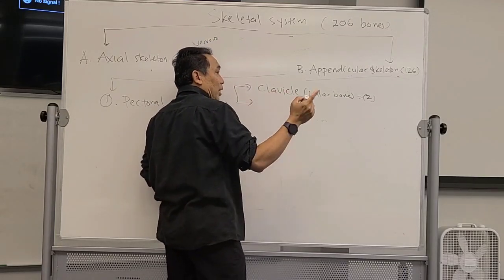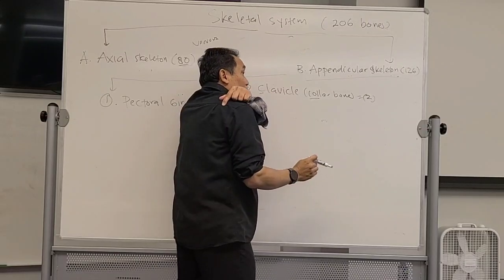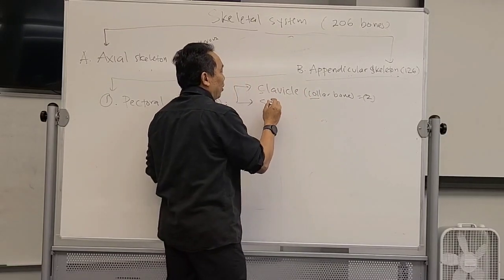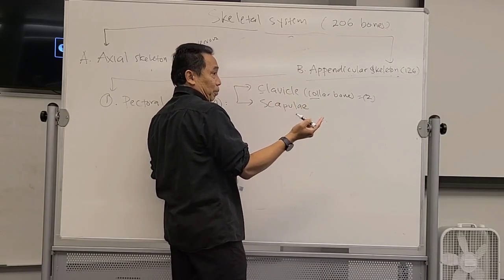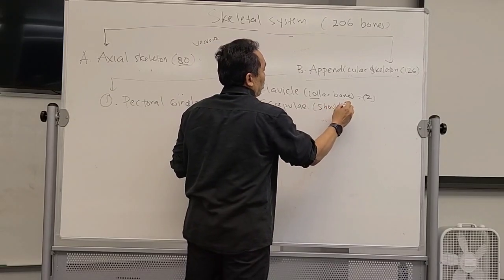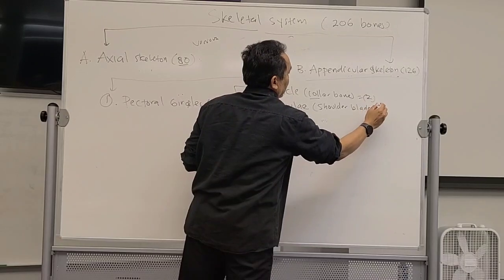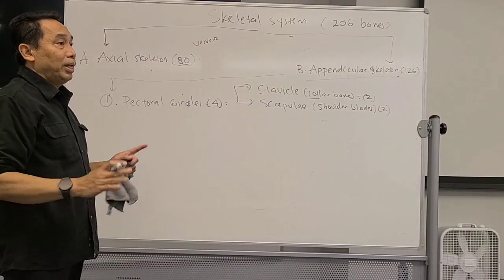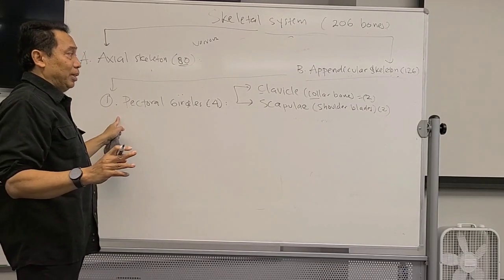Remember, collarbone starts with the C. This one is called the shoulder blade, starts with the S, so the name also starts with the S. Scapulae, because we have 2. And with that, that's the pectoral girdle.